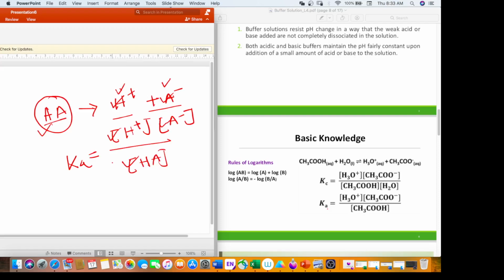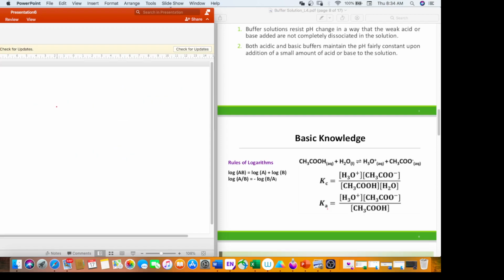Okay, so next, suppose an acid is stronger. If the acid is stronger it will dissociate 100%, right? Yes, sir. If the acid is weaker it will not dissociate 100%, right? Yes, sir.